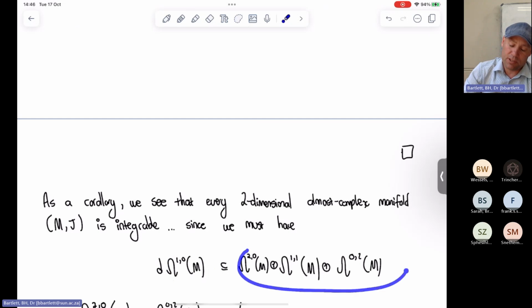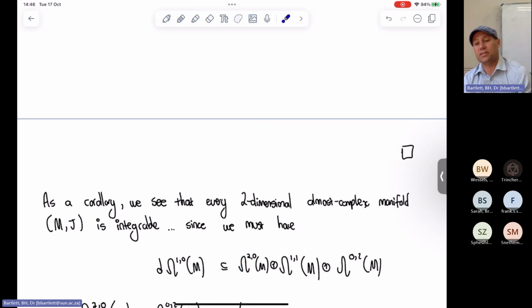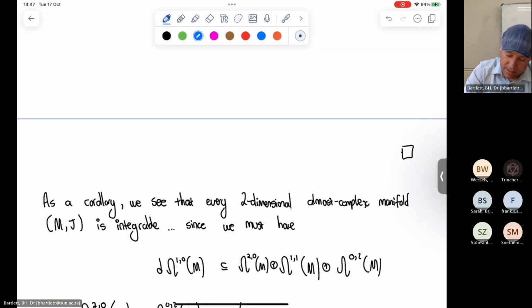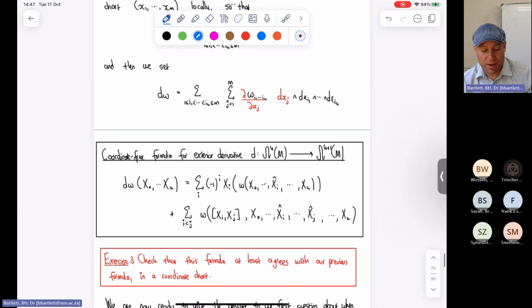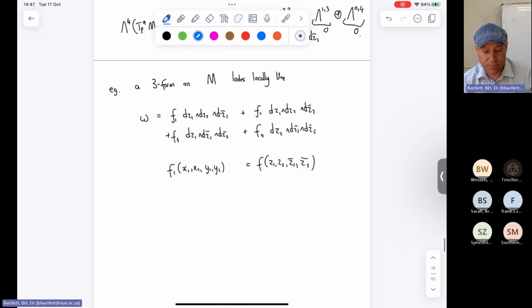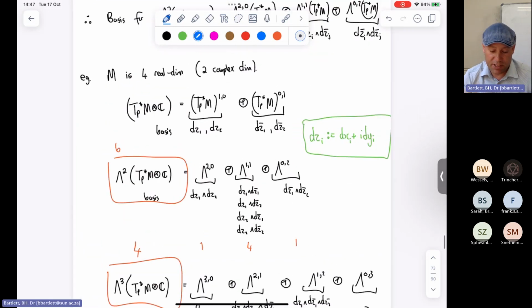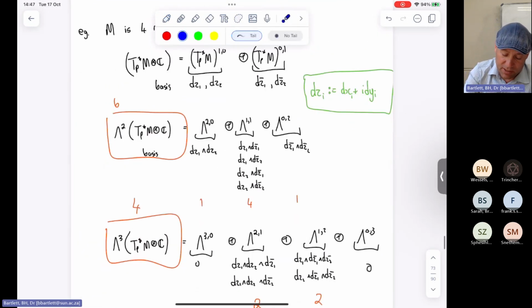And the 2-forms split into 3 subspaces. But now if I look at these 3 subspaces, this subspace here is 0. And this subspace here is 0. Because, as we saw when we were doing our example on a 4-dimensional manifold last time, some of these spaces turn out to be 0 because you can't wedge 3 dz's together.